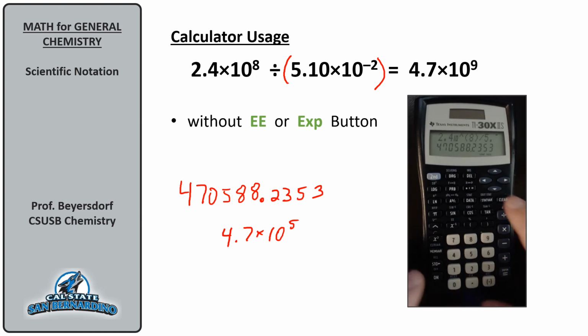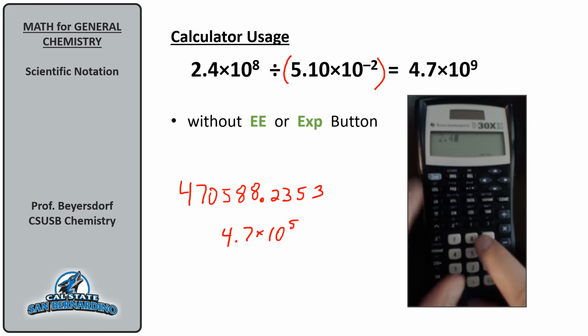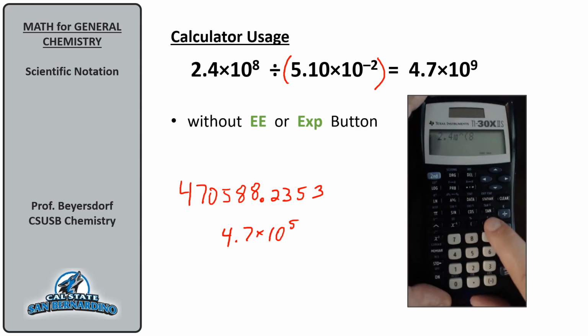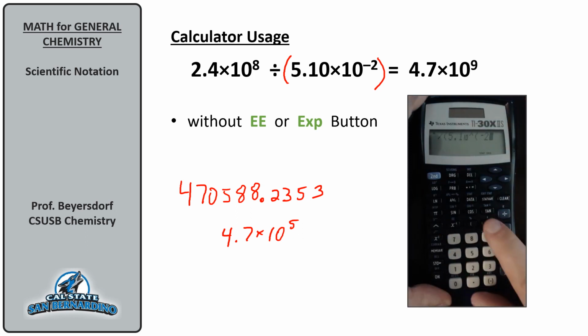Okay, so let's do it one more time. So if I do 2.4 times 10 to the 8th, close that parentheses, divide by, use parentheses again, 5.1 times 10 to the negative 2, close that parentheses, then close that parentheses, equal.